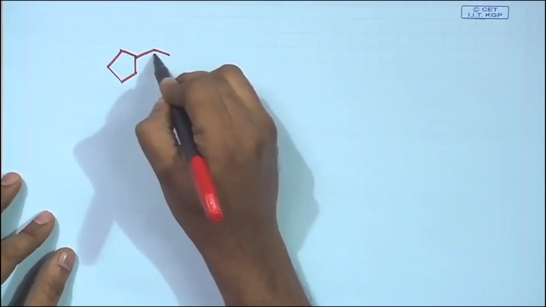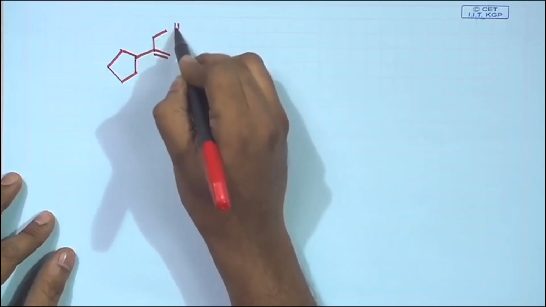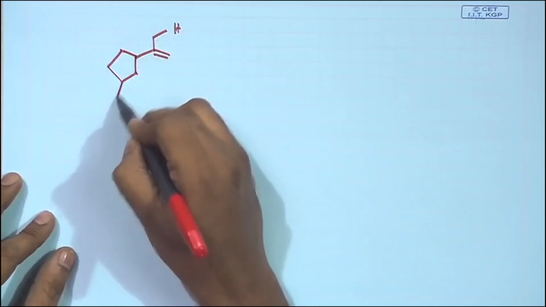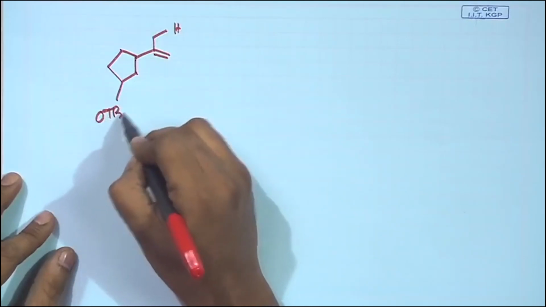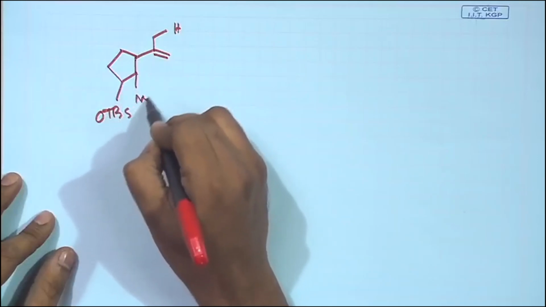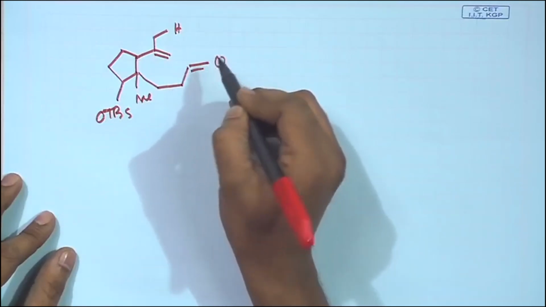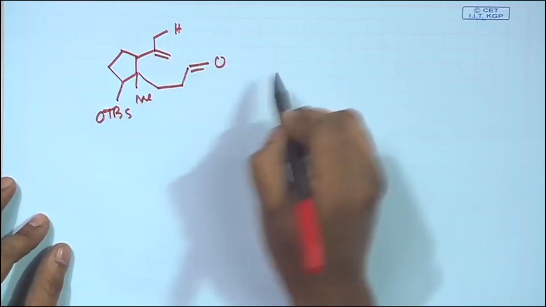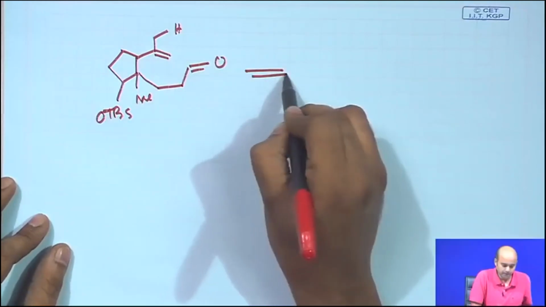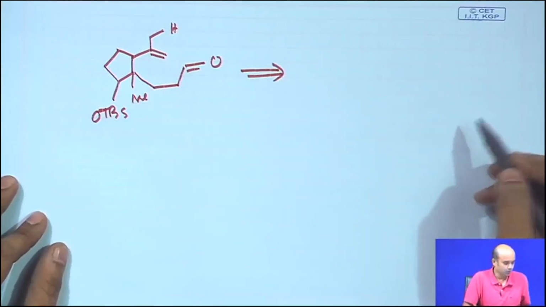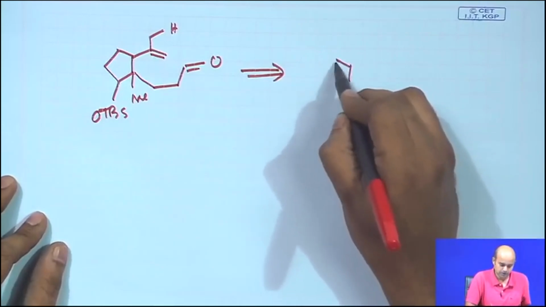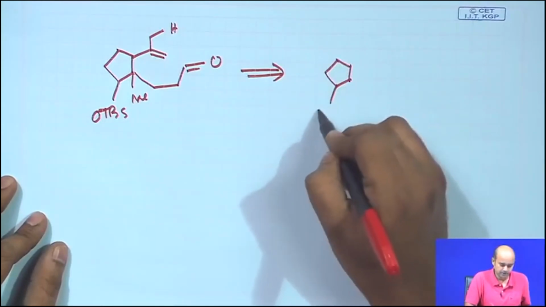We said we will be having an ene kind of reaction if you have this particular substrate. We will draw the structure in this way. Now we will simply do a functional group manipulation or functional group interconversion.